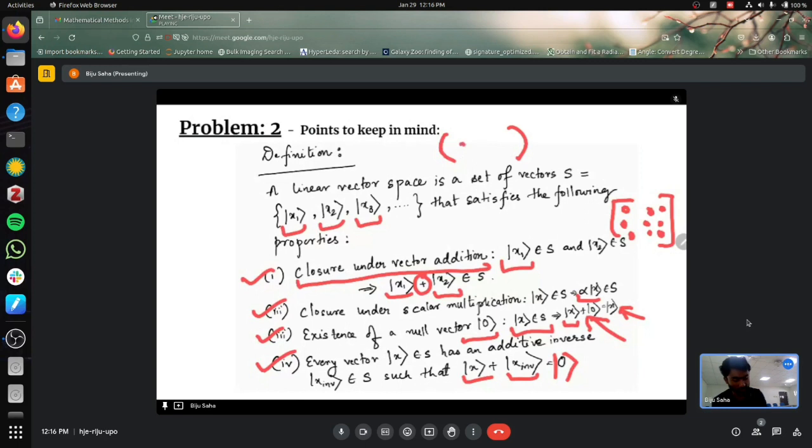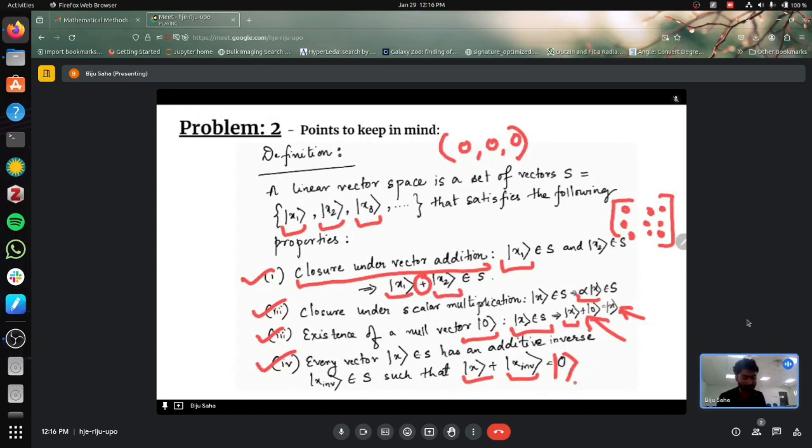So in that case, if the null vector has all the components equal to 0, you have to get back that null vector when you add an inverse of an element to the element itself. So that is the criteria.